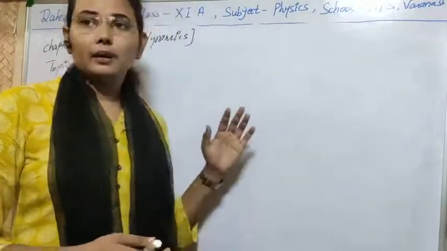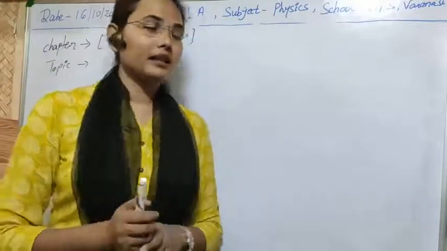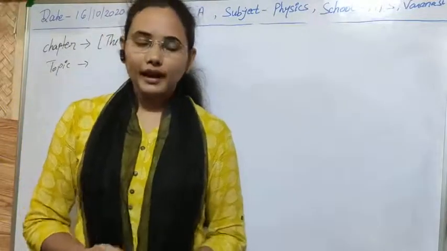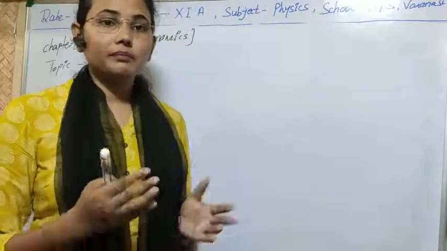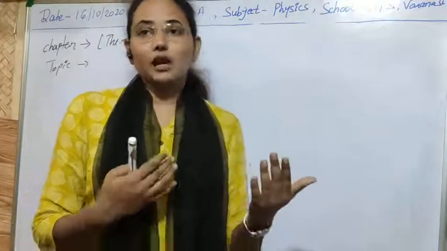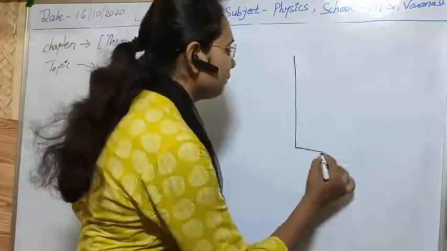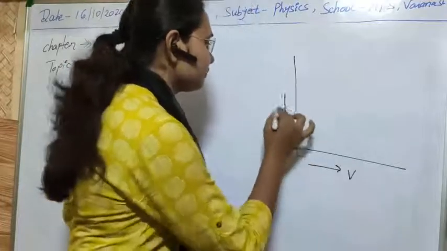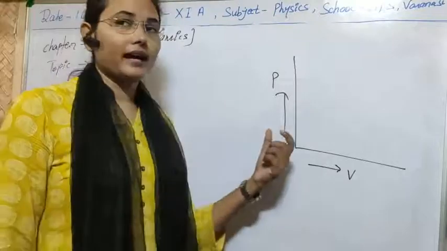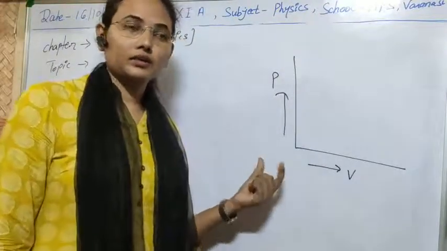But if we have an indicator diagram, in the case of gases, we can draw a diagram between pressure and volume, showing with the change in pressure how the volume of the gas is changing. That PV diagram is known as an indicator diagram. We can also draw the diagram for temperature and volume, which is also called an indicator diagram.